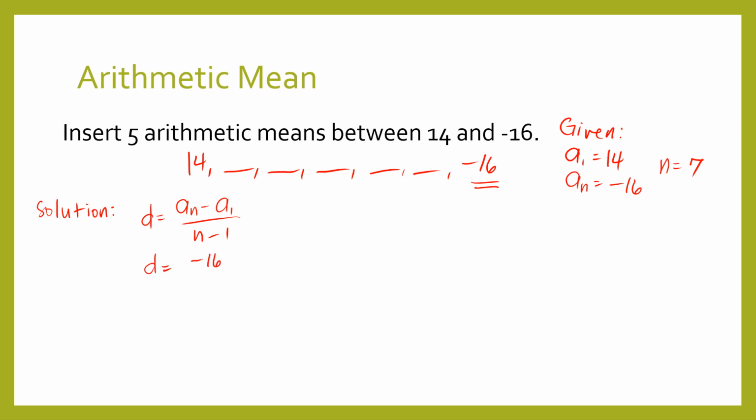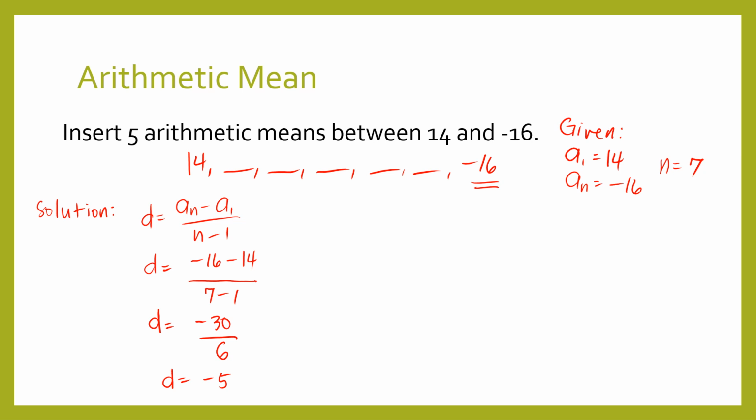Negative 16 minus, a sub 1 is 14, over, what is n? 7 minus 1. So our common difference here is negative 16 minus 14, which is negative 30, divided by 7 minus 1, which is 6. And negative 30 divided by 6 is negative 5. So our common difference is negative 5.